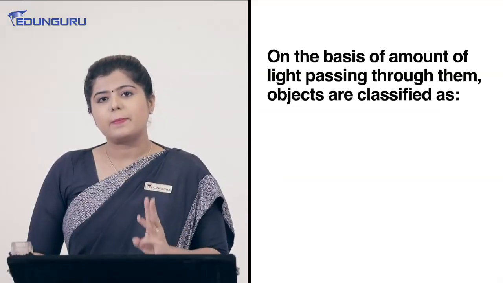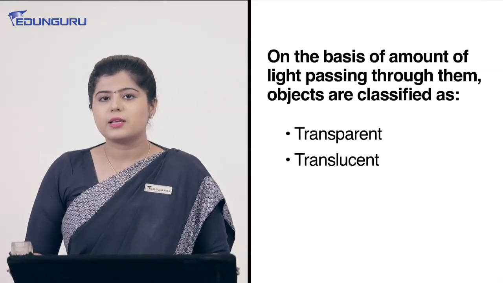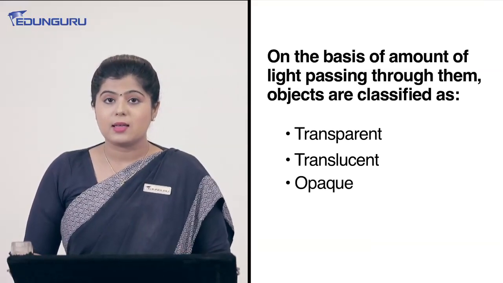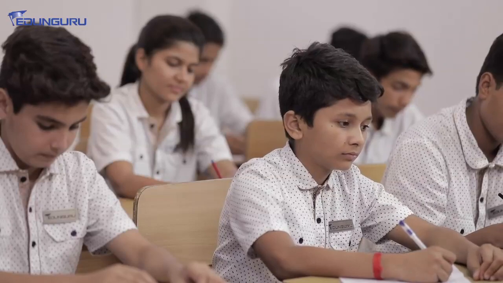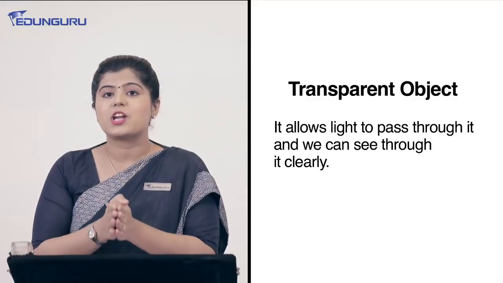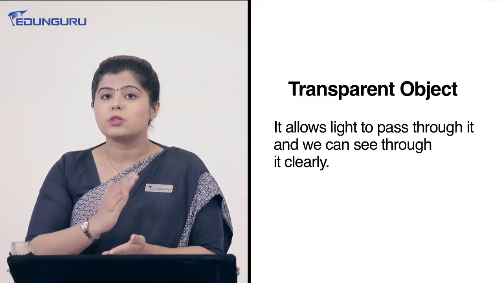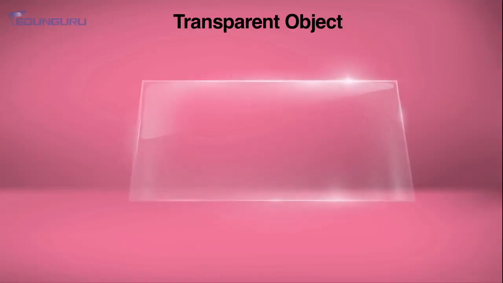We have three types of objects: transparent, translucent and opaque. When light passes through an object, then that object is known as a transparent object because we are able to see through that object. For example, I have a glass in front of me.